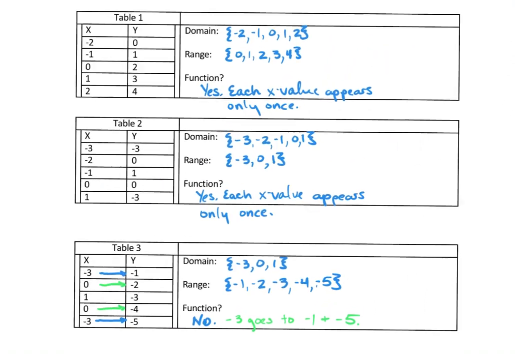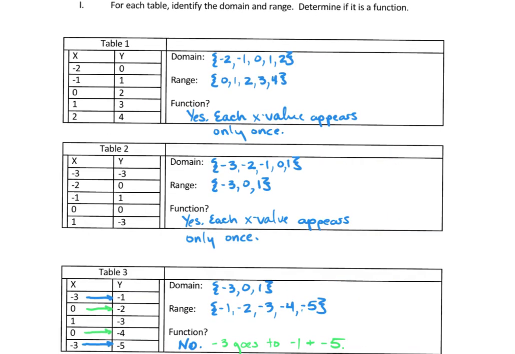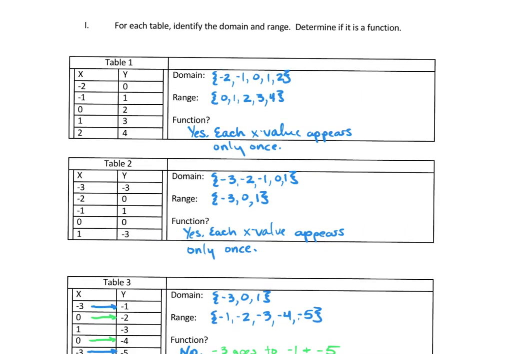All right, so table 2 and table 3 give you a good indication of what it means to be a function, what's not a function. I do want to go back and talk about table 1. Table 1 is actually a special type of function. We'll talk about this one later, but we refer to it as being one-to-one. One-to-one is something that we'll talk about at the end of the semester.